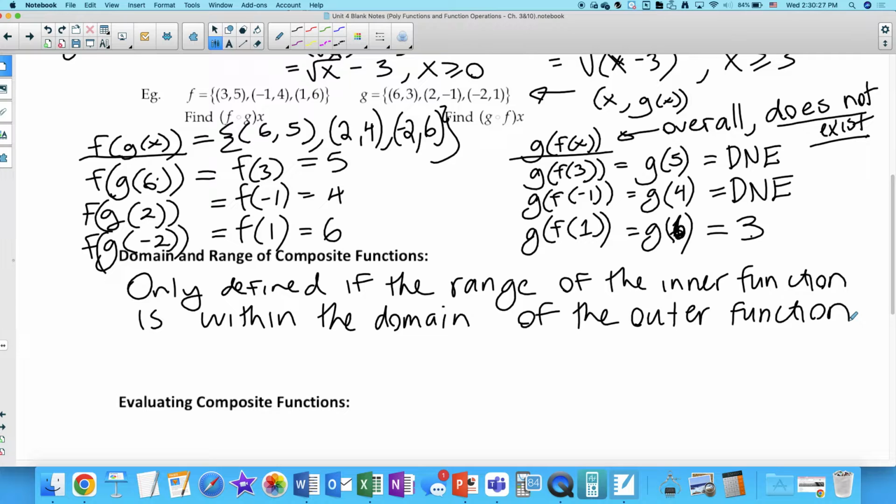We're taking the y values of one function, inputting them, making them into x values of another. There has to be overlap there.